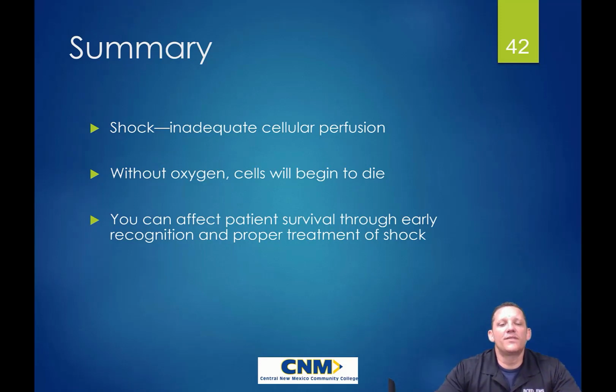And then you can affect survivability by really early recognition and proper treatment of shock. And in the case of sepsis, that is understanding what sepsis is, getting a sepsis protocol into place, getting fluids on board quickly, and then letting the hospital know as early as possible. The longer these people stay in sepsis, the more likely they are to die.